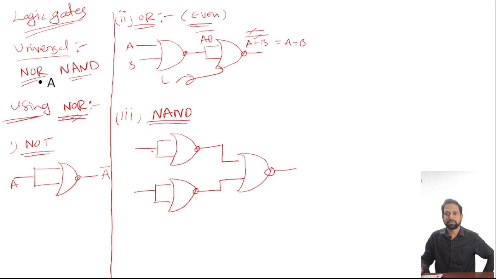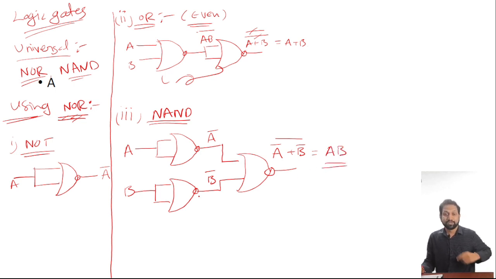If you can see here, all are NOR gates. A, B, A bar, B bar. Here A bar plus B bar whole bar will give you AB. It is the AND operation. So we have constructed all three gates.